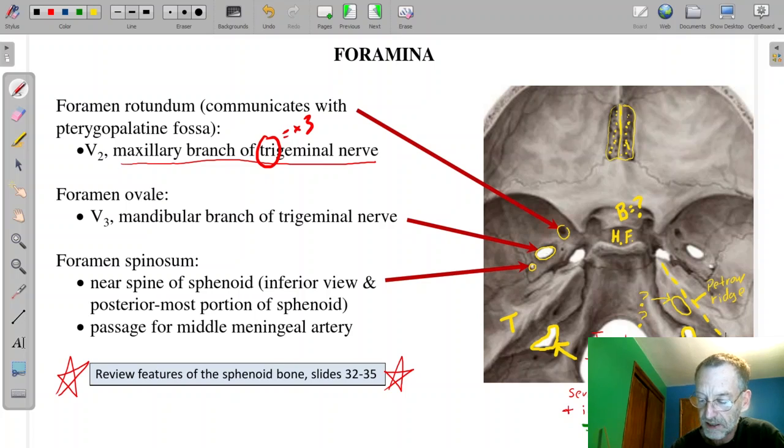Notice its location relative to this petrous portion of the temporal bone and these three foramina that we've gone through. We have not yet talked about this opening, which we will shortly. This is the Foramen Lacerum, but we'll come back to that.